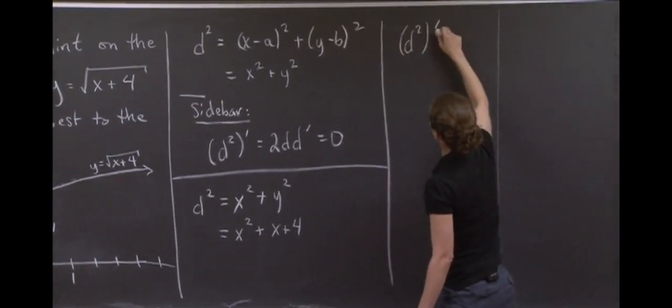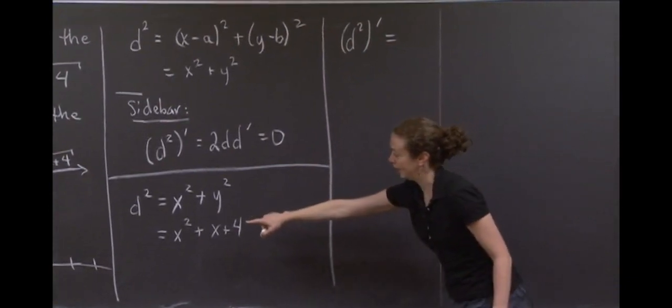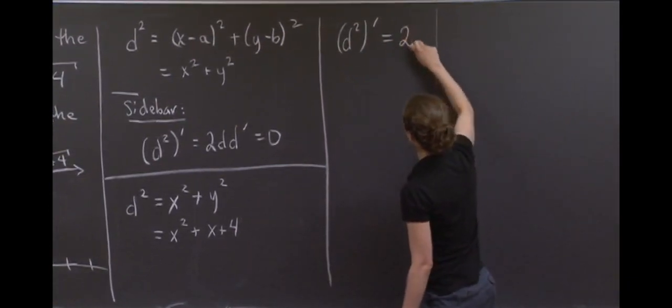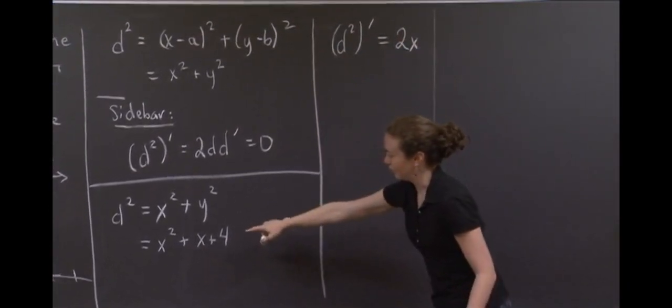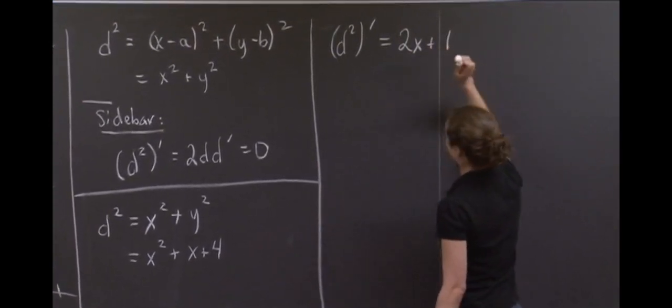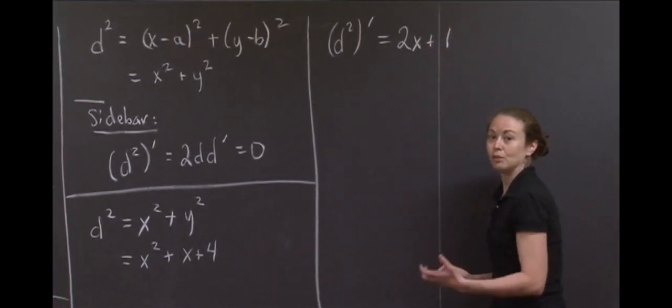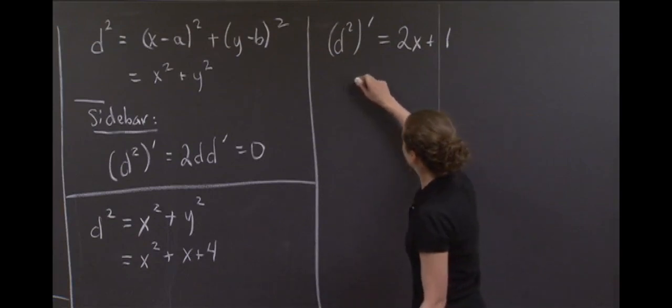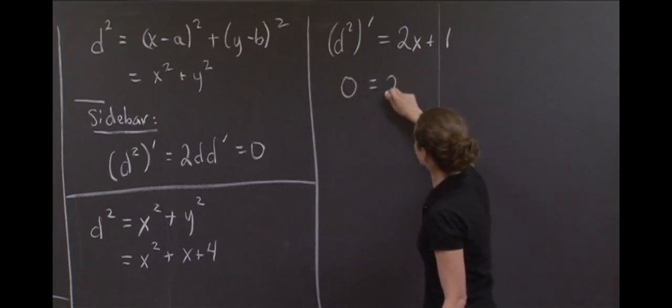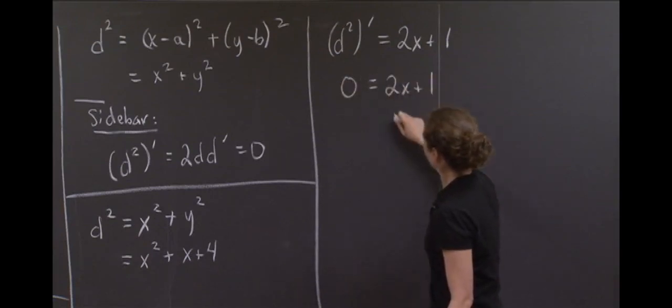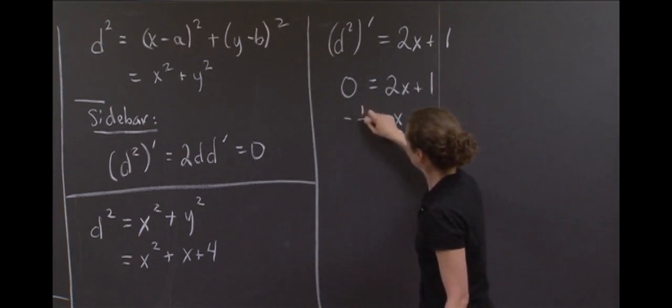So d squared prime: the derivative of x squared is 2x. The derivative of x is 1, and the derivative of 4 is 0. This will be optimized when this is equal to 0. So 0 equals 2x plus 1. So x is equal to minus 1/2.